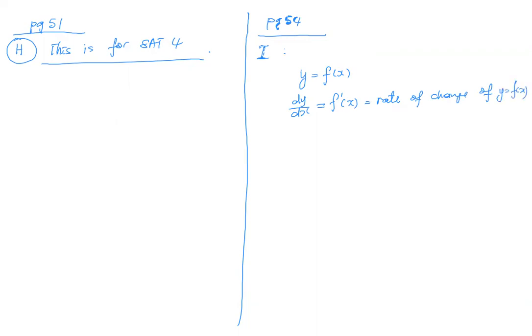So if from this function, I differentiate again, this is called second derivative. That means I'm differentiating f prime x, so I get f double prime x.